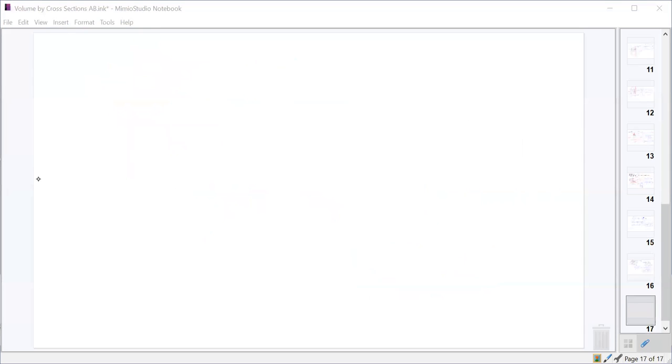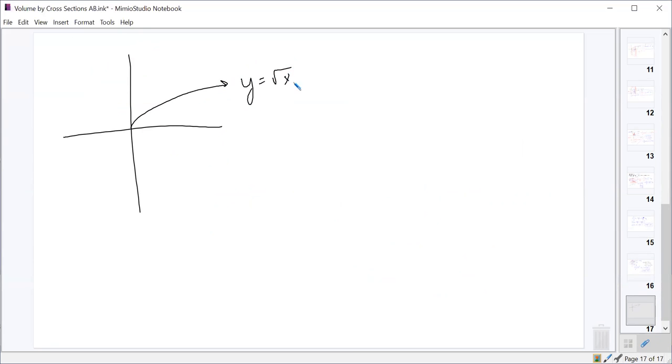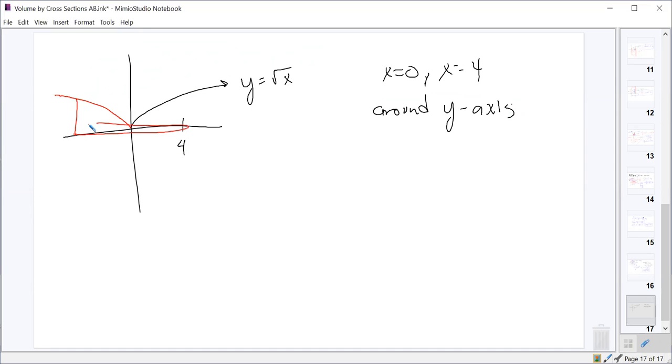But for this one, which is the one I was about to do a second ago, and then I changed my mind, y equals root x from x equals 0 to x equals 4 around the y-axis. So if we revolve this around the y-axis, we're going to get something that sort of looks like that.